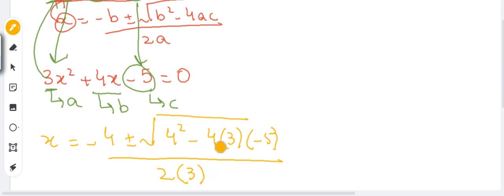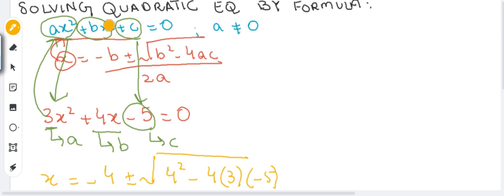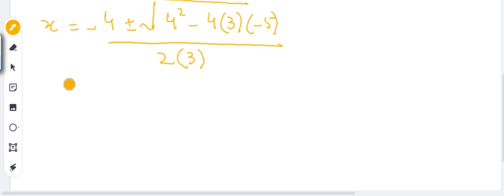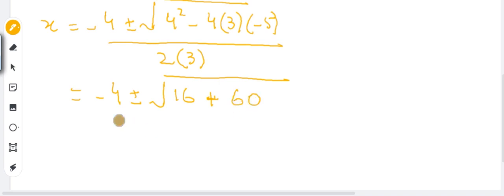So we now just have to simplify these calculations. We'll get minus 4 plus minus under root 4 square gives us 16, minus into minus gives us plus, and this would give us 60 if I'm not wrong, divided by 3 times 2, which is 6.